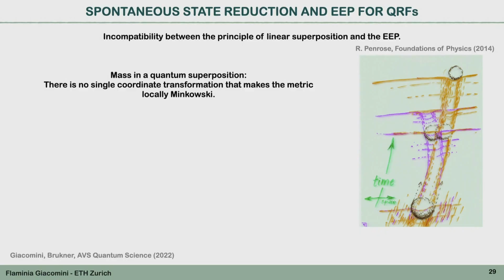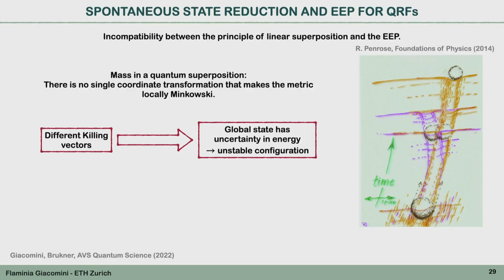And we have seen that this is obviously true. And then he says, well, there are different Killing vectors. So basically, he doesn't even think that one can quantum superpose transformations because he's using really general relativity. But he says that for each configuration of the mass, there are different Killing vectors. A Killing vector is related to a conservation law. So the global state has an uncertainty in energy.